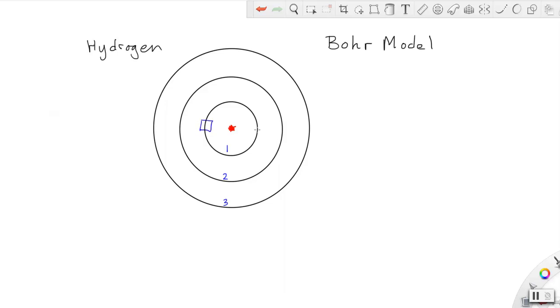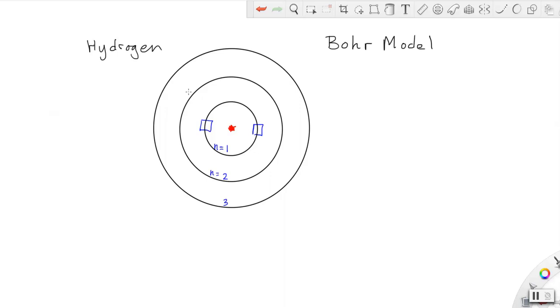Okay, so we have two seats that are available here. I'm going to write this as a box. On the n equals 1, n is the level that our electron is capable of being at in the atom. So the first level is n equals 1, and then n equals 2 is the second level.